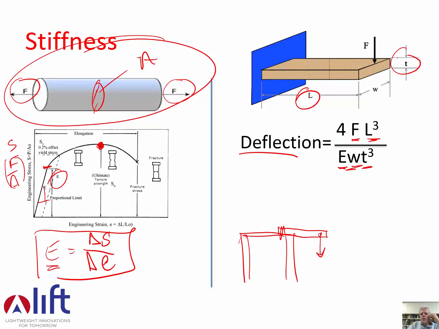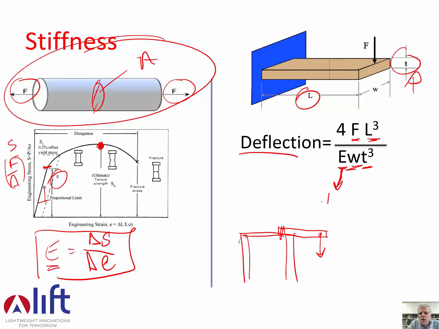So if we go from steel to aluminum, and I make something that's the same weight, well, for aluminum, it will be 3 times as thick, but it'll have about 1/3 the modulus, it turns out. It's just the way it works. So the modulus of aluminum is about 1/3 that of steel. The density of aluminum is also about 1/3 that of steel. So what would happen to the deflection if we go from steel to aluminum?